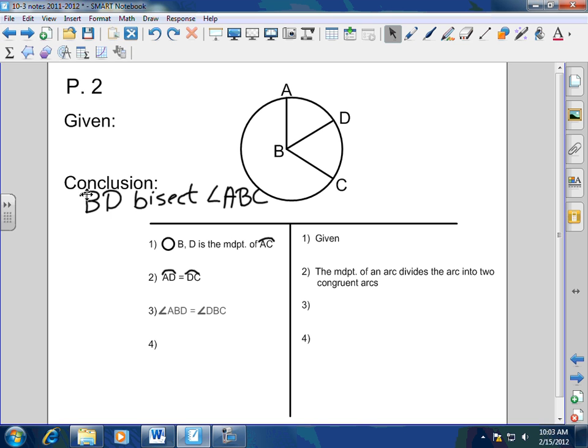Next, angle ABD is congruent to angle DBC. Why? If the two arcs are congruent, then the central angles are congruent. Very good. And now from here, I can go ahead and say that BD bisects ABC. Why? Definition of angle bisector. If I bisected the arcs, then that means I had to bisect the angle.